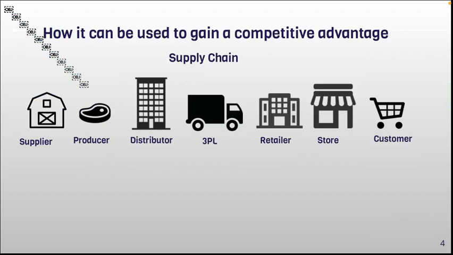And the distributor, the central warehouse, for example, receives notifications of the beef products and the time they are coming, and they can arrange a suitable time for the 3PL. The 3PL is the delivery service, the third-party logistics, and they know the origin and the destination of the product to deliver. So in this case, the origin is the supplier, and the destination is the retailer.